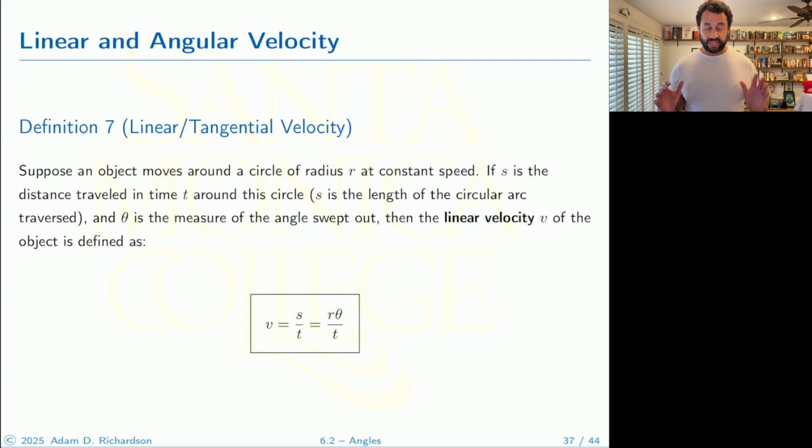So let's start with linear, or what's called tangential, velocity. Suppose an object moves around a circle of radius r at a constant speed right now. For variable speeds, you need calculus. If s is the distance traveled in time t around this circle, or in other words, s is the length of the circular arc, and theta is the measure of the angle swept out, then the linear velocity v of the object is defined like so.